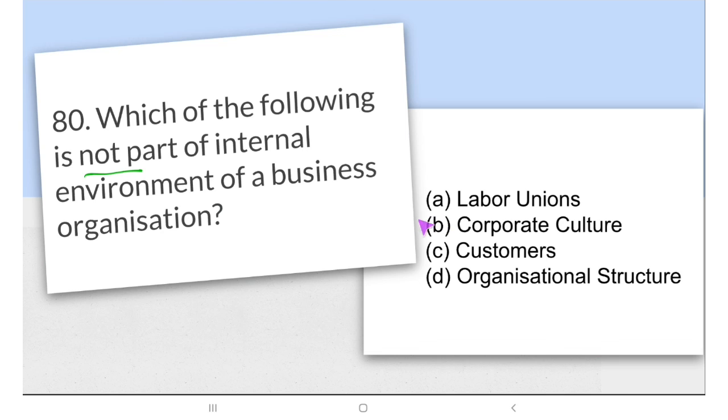So we can see options A, B and D form a group: labor union, corporate culture and organizational structure, and they are part of the internal environment. It also includes owners, board of directors, employees and its culture.